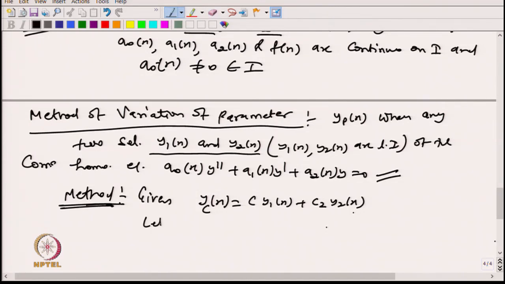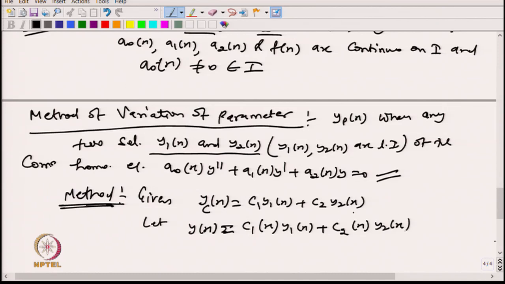Now I will take my solution y(x) as c1 y1(x) plus c2 y2(x). In the earlier case c1 and c2 were arbitrary constants, but let us assume that c1 is a function of x and c2 is also a function of x.